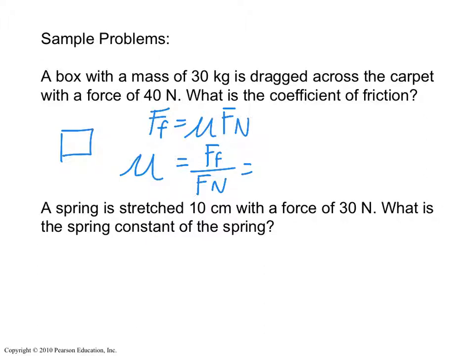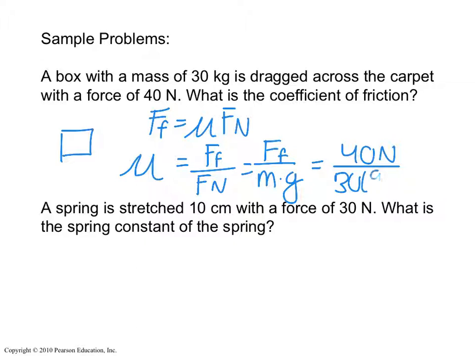Now, remember that force normal is actually my mass times gravity, so we can put everything into one equation to make life easier. My force of friction is 40 newtons, that's how much I'm pulling with, and then my mass is 30 kg times 9.8. So for my final answer, I'm going to get 0.136, and it's a good check because it is less than 1, which is what we'd expect.